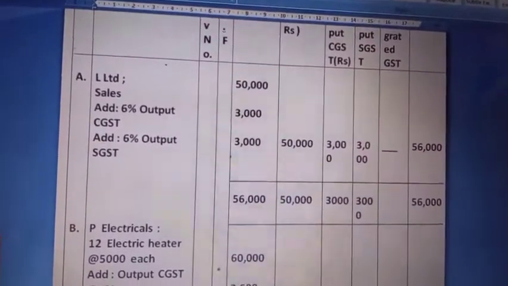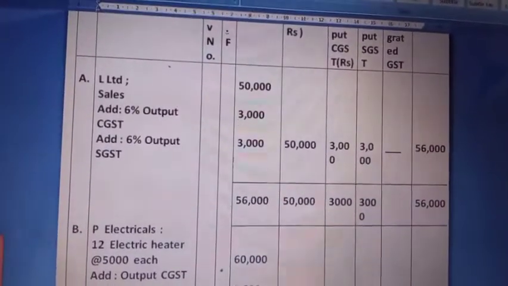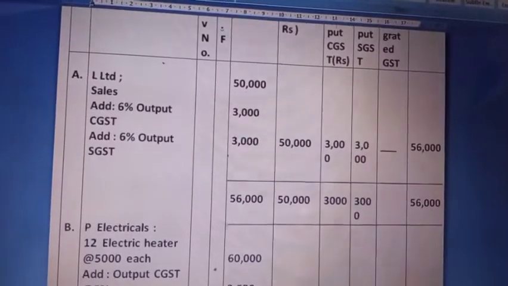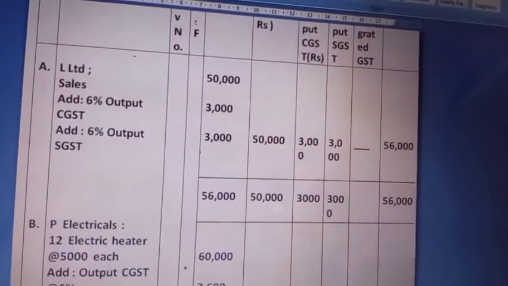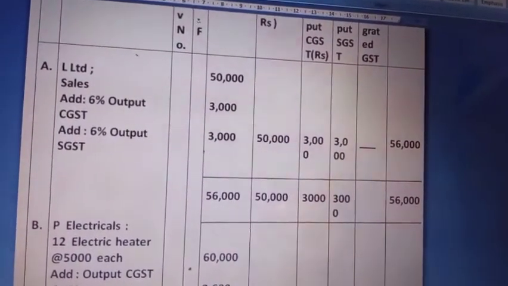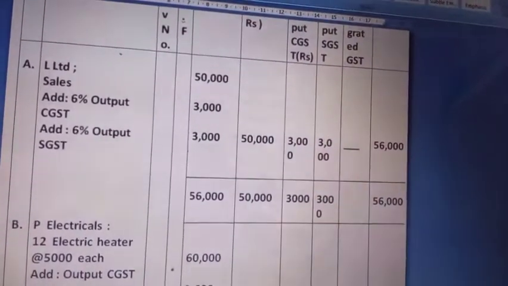Again we add 6% output SGST, that gives us 3,000. So the sales amount remains 50,000 and the GSTs are 3,000 each. Integrated GST is not there, and if we add these three columns, we get a total of 56,000.